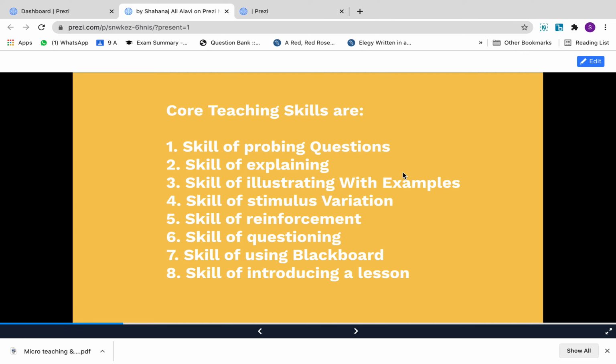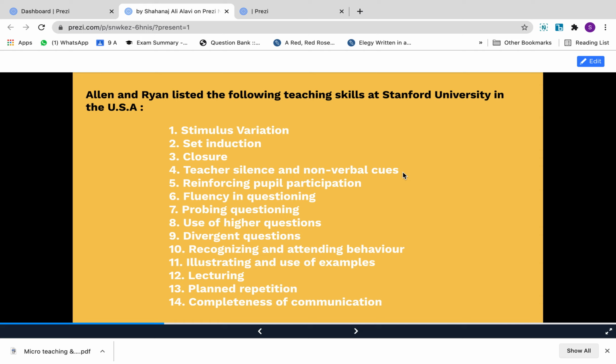Okay, and then we can see some of the different types of teaching skills as listed by some of the educators, Allen and Ryan, Dwight Allen and then Ryan. They were working together, and they gave a list of teaching skills, and they were working at Stanford University.